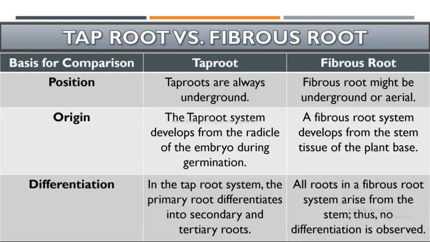Next basis for the comparison is origin. The taproot system develops from the radicle of the embryo during germination. A fibrous root system develops from the stem tissue of the plant base. Next basis for the comparison is differentiation. In the taproot system, the primary root differentiates into the secondary and tertiary roots. All the roots in the fibrous root system arise from the stem, thus no differentiation is observed.